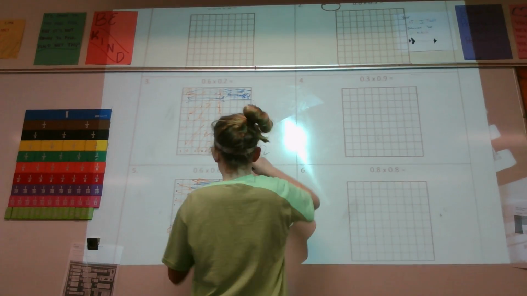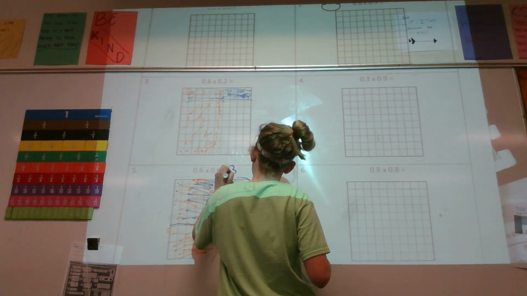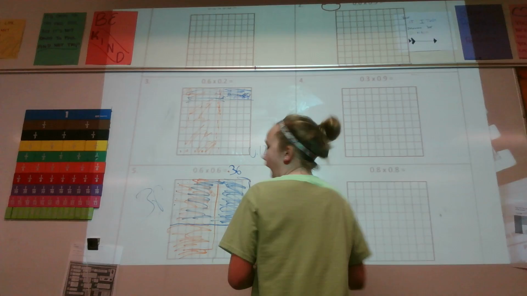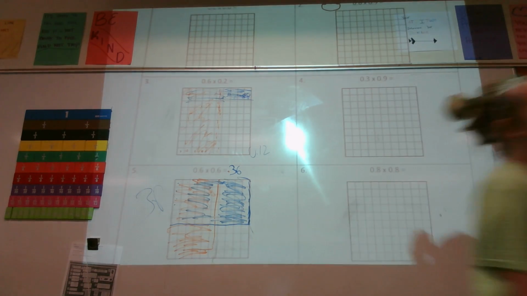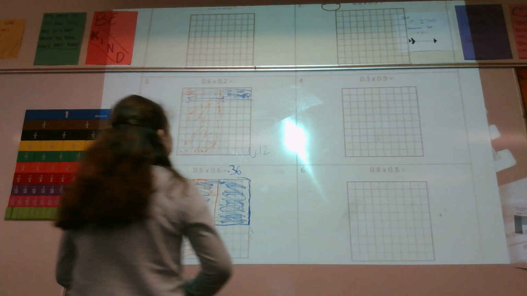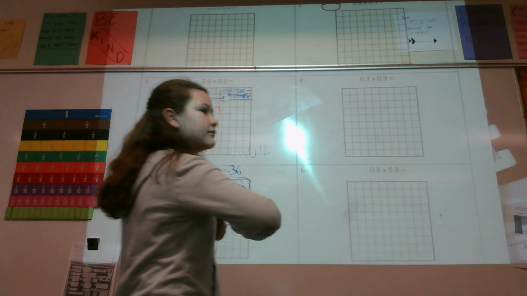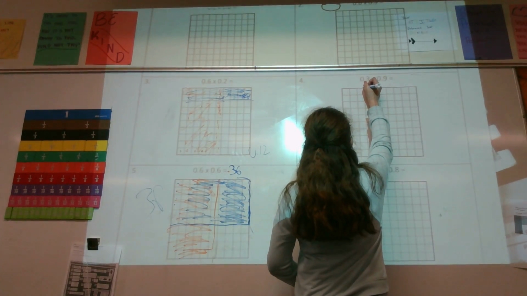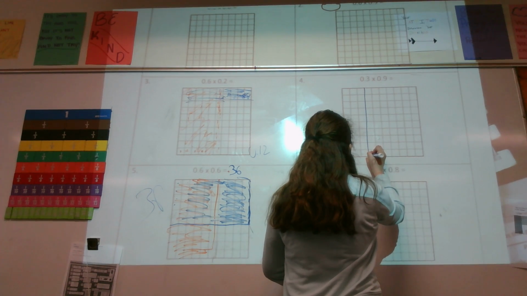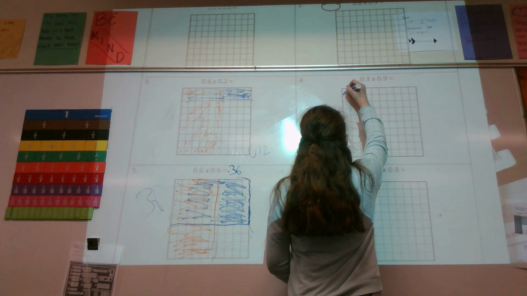And so the ones that are shaded in twice is 36 hundredths. 1, 2, 3, 4, 5. Look, she's standing on a chair. Wow. She's standing tall. My friend Ashley is shading in 3/10.